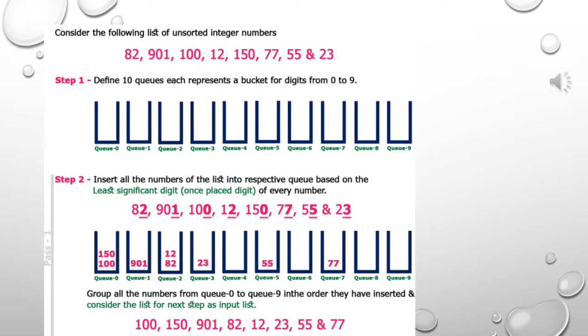Now group all the numbers from Q0 to Q9 in the order they have inserted and consider the list for next step as input list.